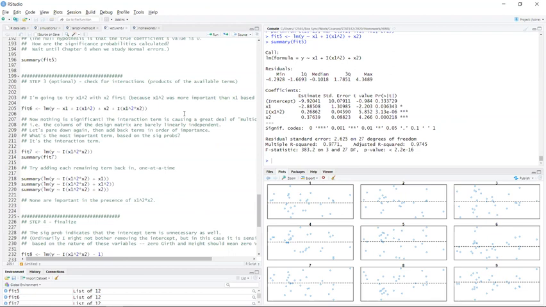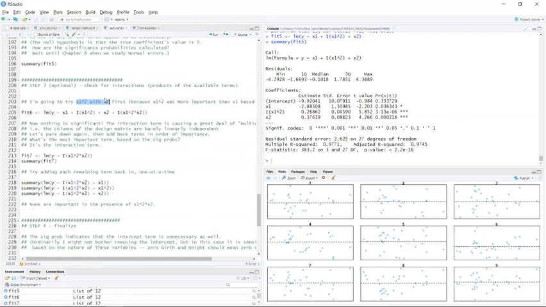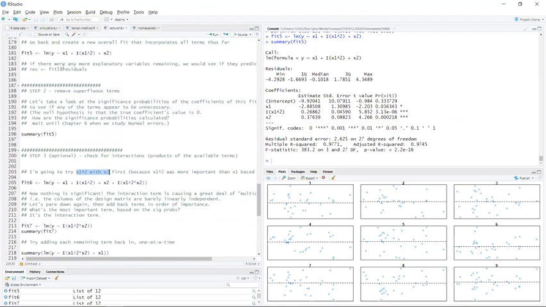What does that look like in this case? Let's try to add an extra term that is a product of two terms from the final fit that we ended up with at the end of step 1. We ended up with 3 terms: an x1, an x1 squared, and an x2.